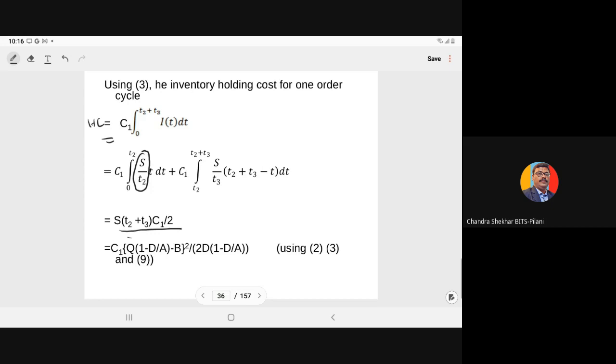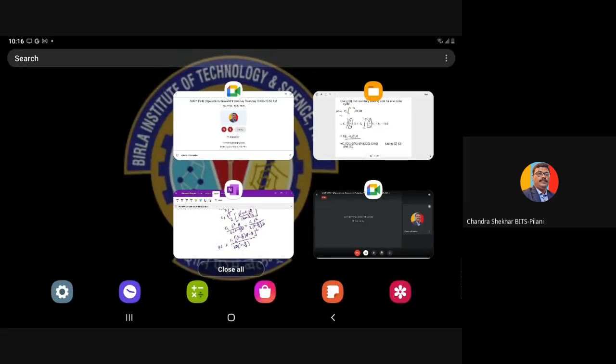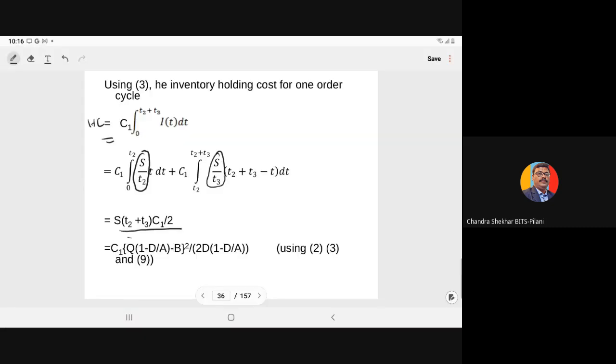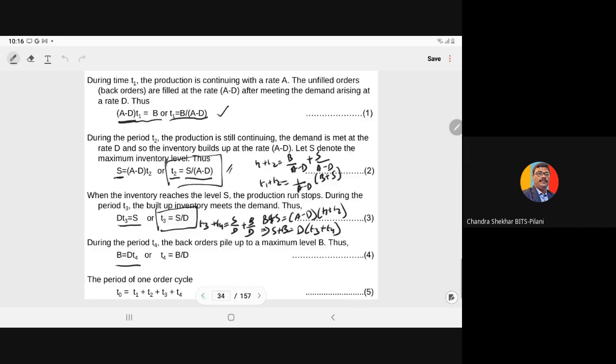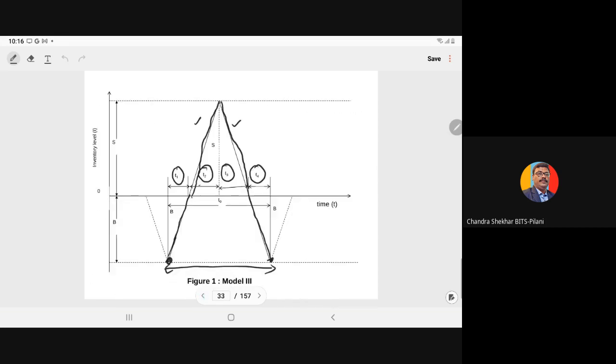Here the rate is, because you are utilizing the complete S items in the period T3, the rate of utilization or rate of decrement of inventory is equal to S upon T3 into (T2 plus T3 minus t) dt. Here we are seeing what the level is at a particular time.